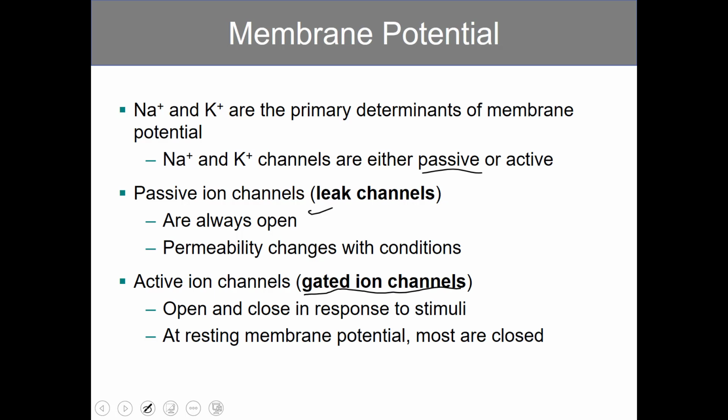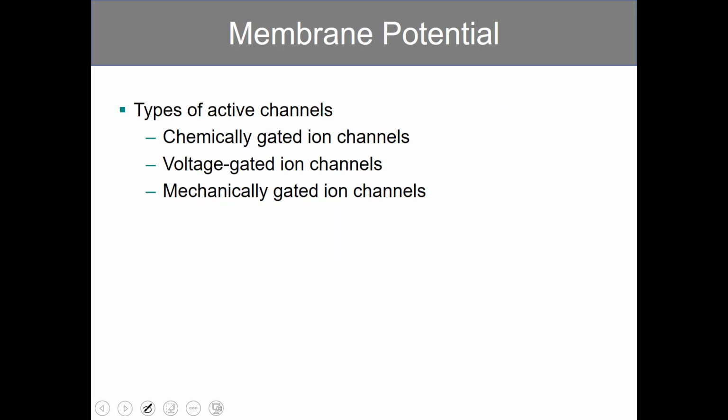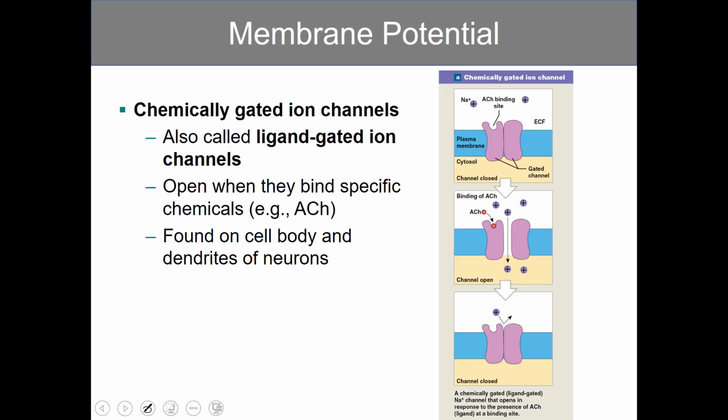So they open and close in response to stimuli. At rest, most of these gated ion channels are closed. There are 3 types of active channels. We have chemically gated ion channels, voltage gated ion channels, and mechanically gated ion channels.